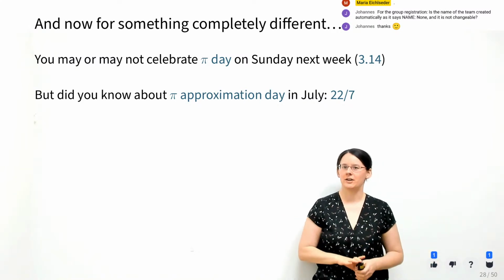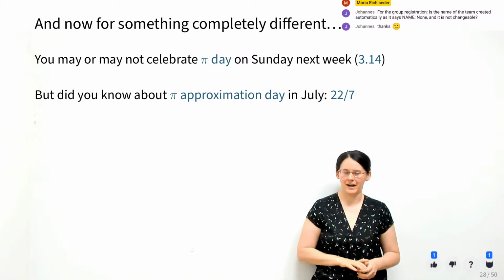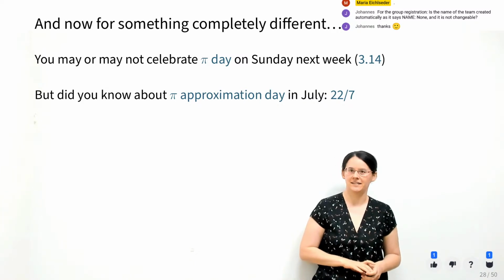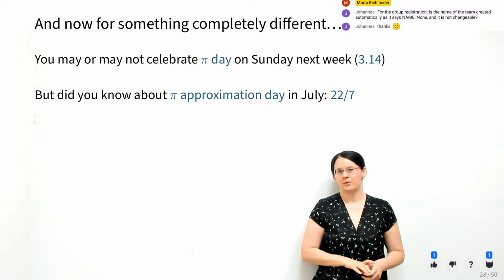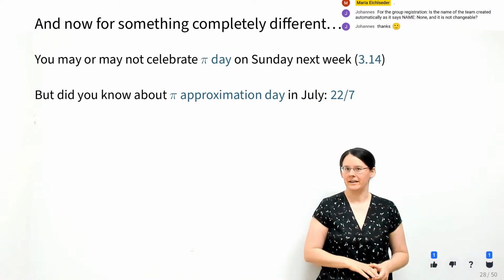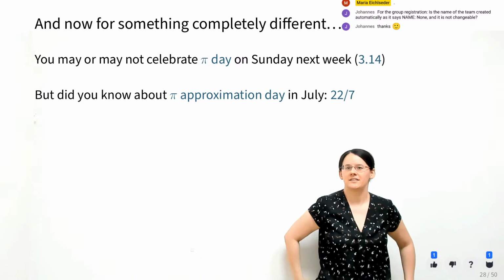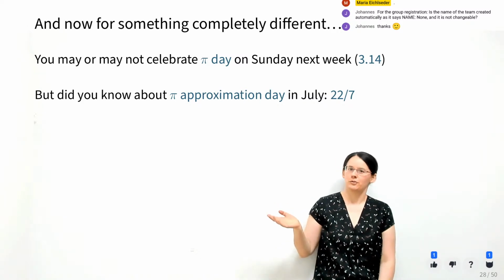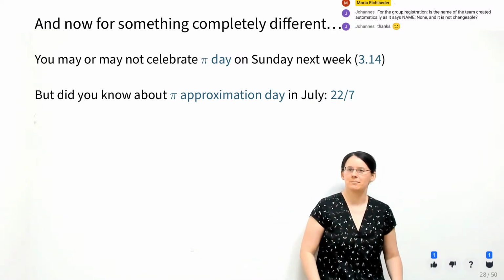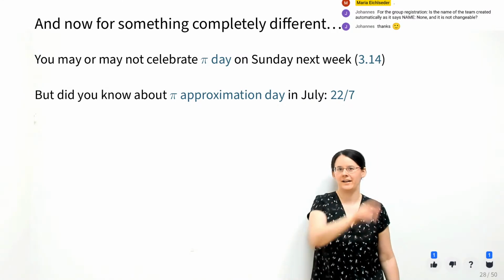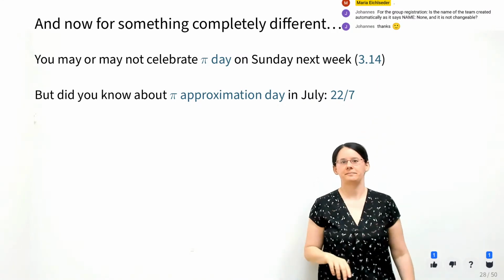There is, however, a much better approximation for Pi that you can also find in the calendar, and this is Pi Approximation Day, which is in July, namely on the 22nd of July. And this is maybe a bit less obvious, but 22 divided by 7 is a much better approximation of Pi than this one here.